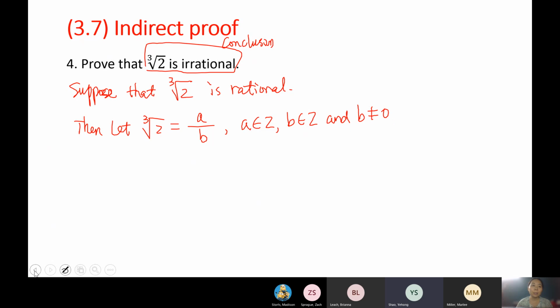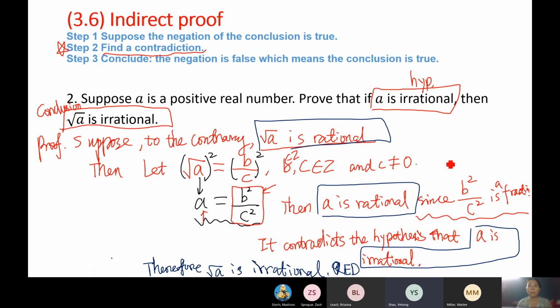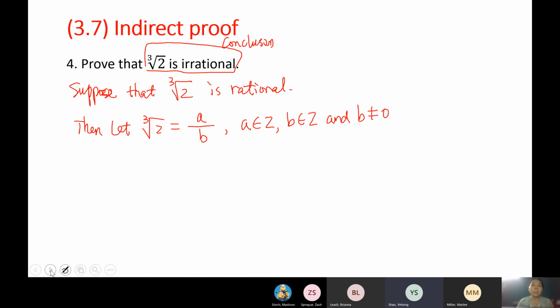By the way, in the second case, notice that I did not even write down the greatest common factor of B and C is equal to 1, because that's not needed. After I square both sides, I already saw a contradiction. There's no need to make sure that B over C is reduced anymore. But in this case, we do have to have this condition, and you will see in a second why we have to make sure the fraction we pick is a reduced fraction.